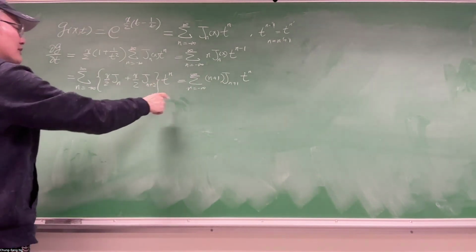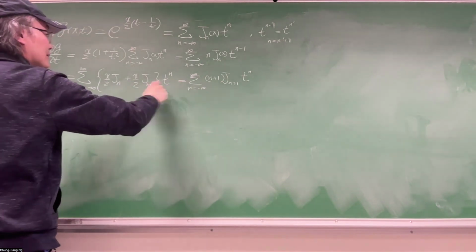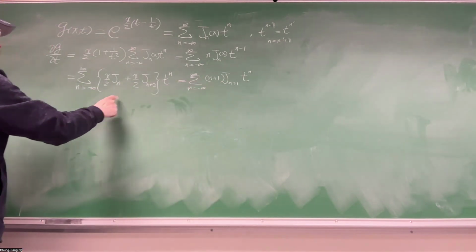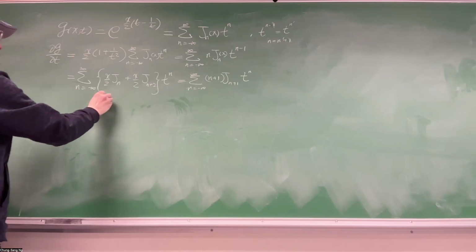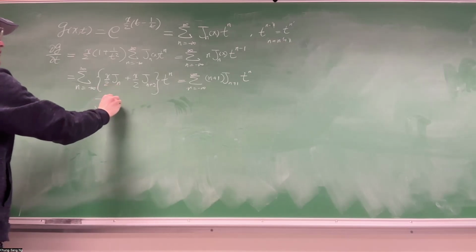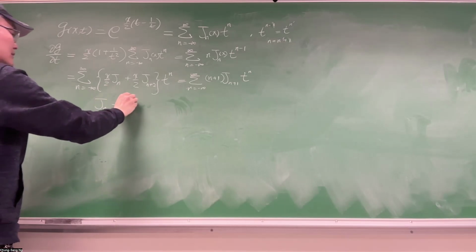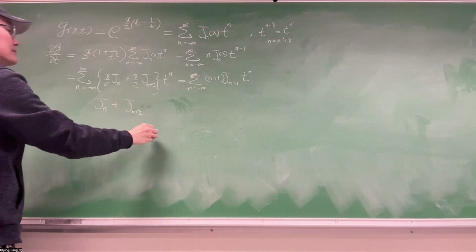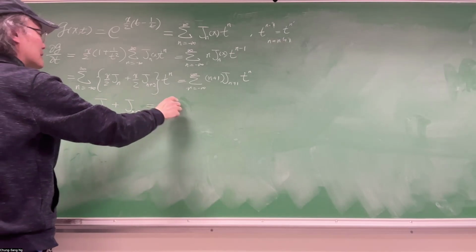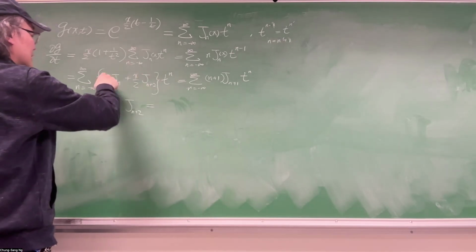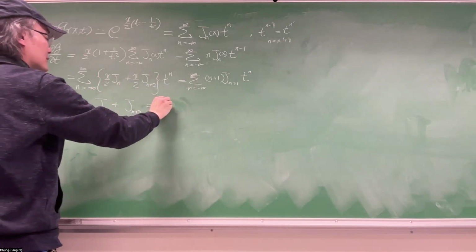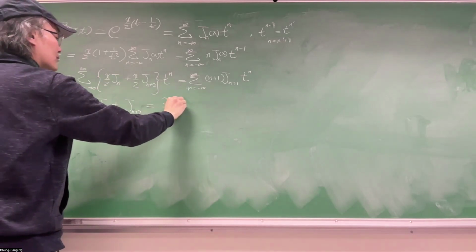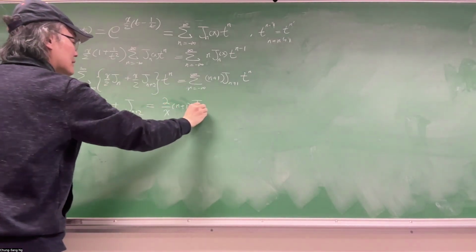So each coefficient must be the same. You can combine that to say J sub n plus J sub n plus 2 equals, divide x over 2 to the other side, becomes 2 over x times n plus 1 times J sub n plus 1.